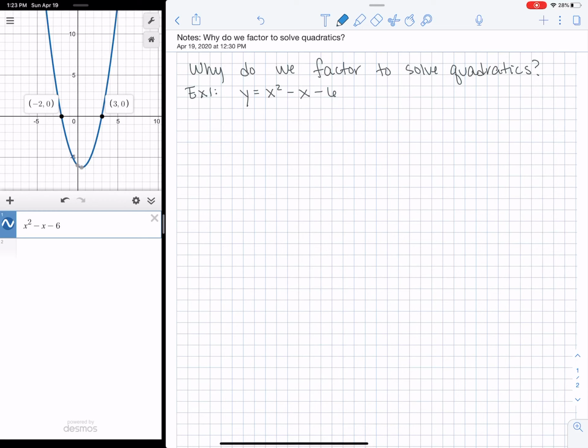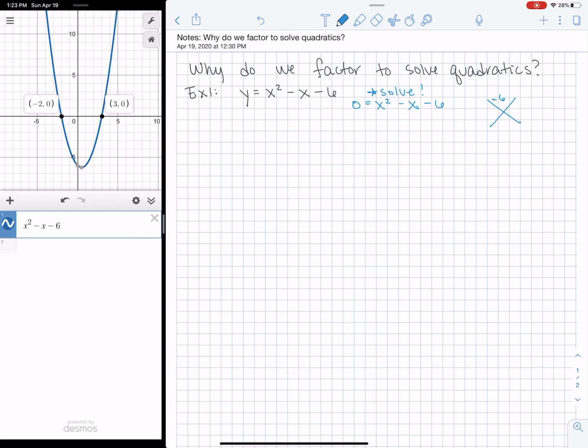And that is because if I asked you to solve this, we'd set it equal to 0. That's the first thing. So 0 is equal to x squared minus x minus 6. And we would factor it. That's what we learned last week.